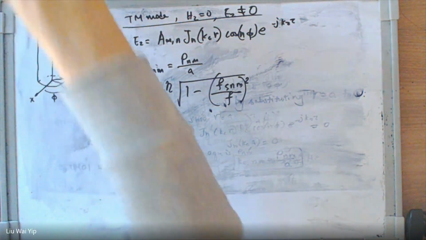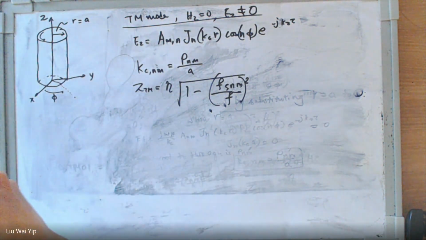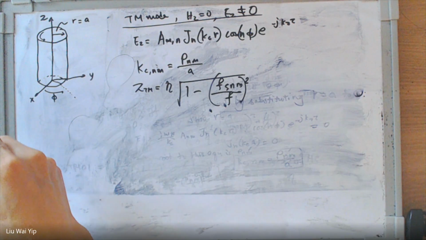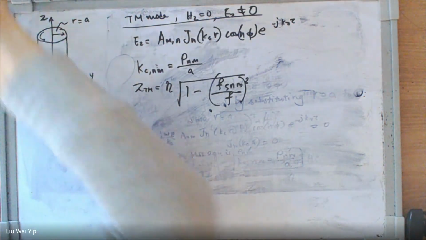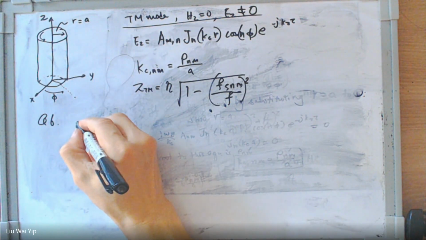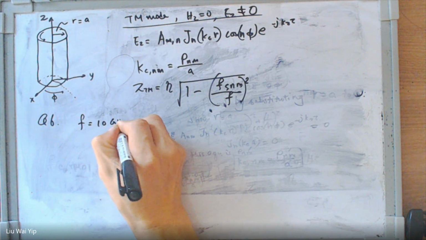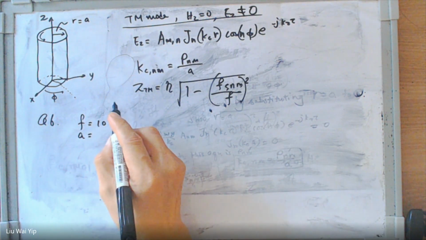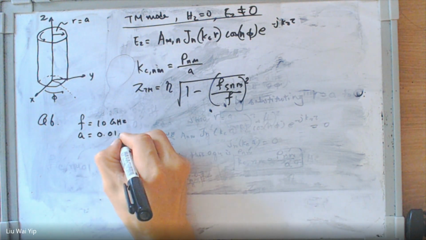Now we are ready to go back to the question. Question 6. The frequency is given to be 10 gigahertz, and the radius of the waveguide a is equal to 0.01 meter.